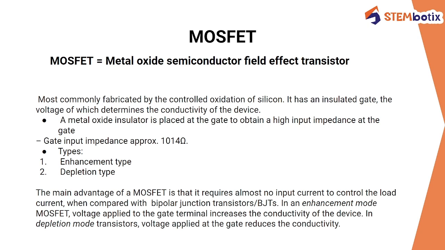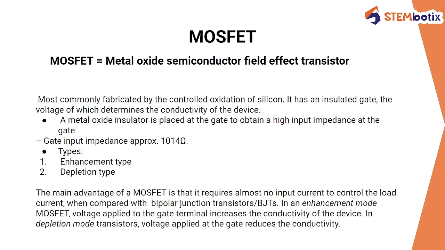A metal oxide insulator is placed at the gate to obtain high input impedance at the gate. Gate input impedance is approximately 10^14 ohm. This is a high impedance. These MOSFETs are further classified into enhancement type and depletion type.